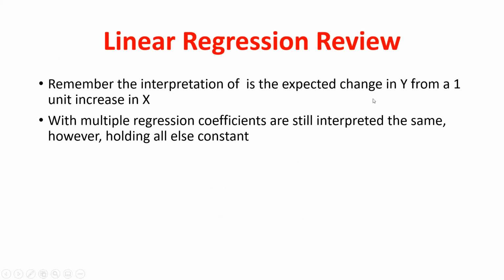So the interpretation became, for all of those different slope coefficients, those estimates of the relationship between the y and whatever x variable you're looking at, a 1-unit increase in the x variable would cause the predicted y value to go up or down by whatever that slope coefficient estimate was, holding everything else in the regression constant.